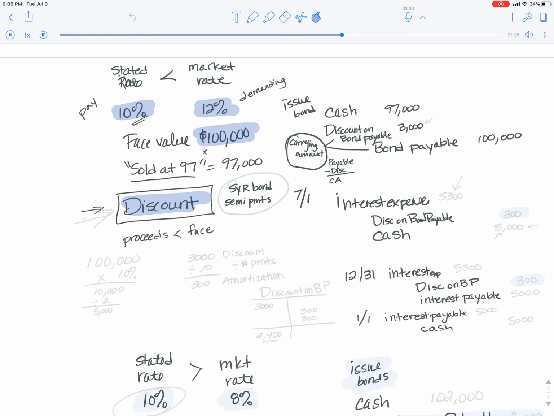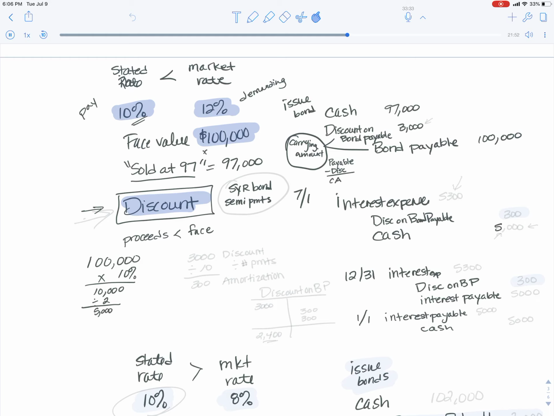So now let's calculate the payment. So we have a $100,000 bond, and it's paying 10% semi-annually. So we're going to divide that annual number by 2.